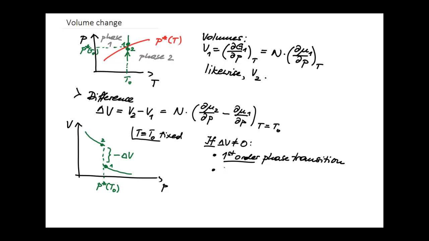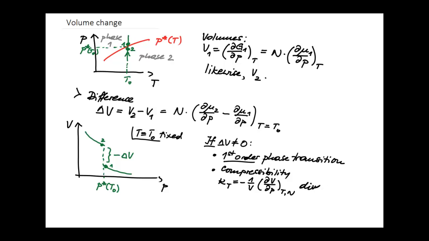And we can look at the isothermal compressibility, kappa T. Remember its definition. This is minus 1 over volume times the partial derivative of volume with respect to pressure at constant temperature and also constant particle number. When you look at this curve, if there's a discrete jump of the volume as a function of pressure, then at the phase transition this derivative diverges.